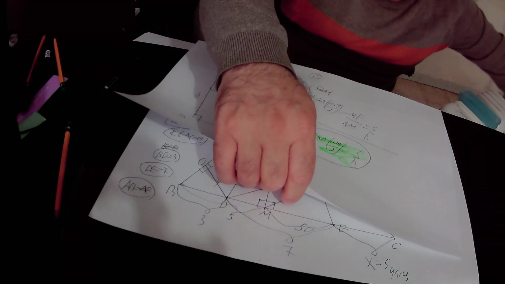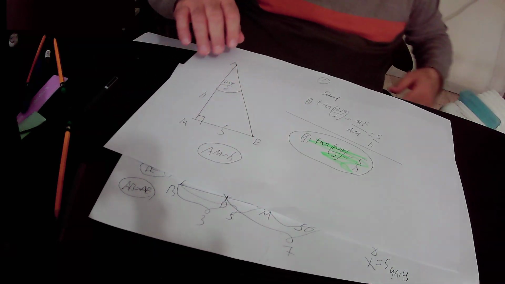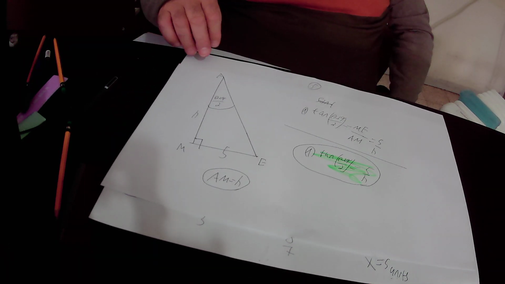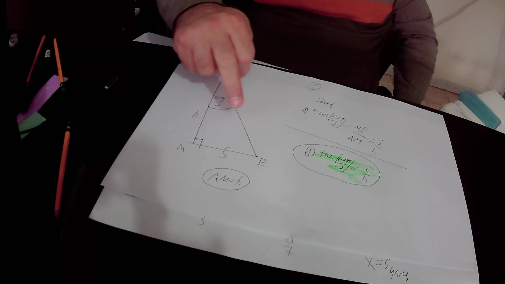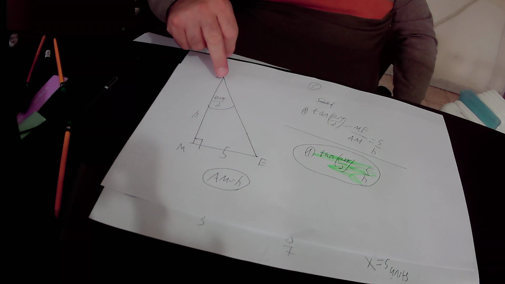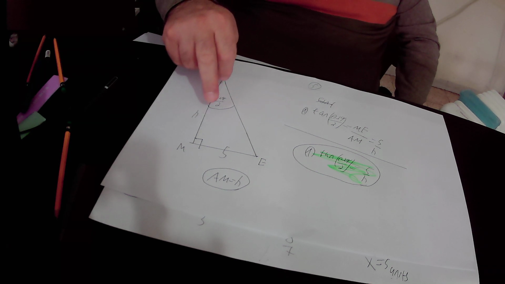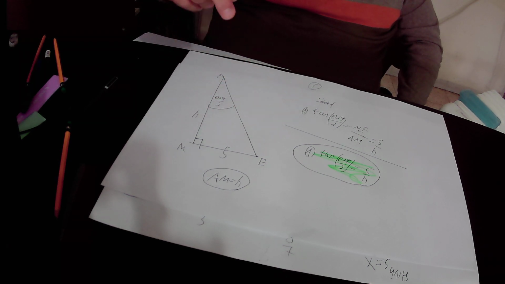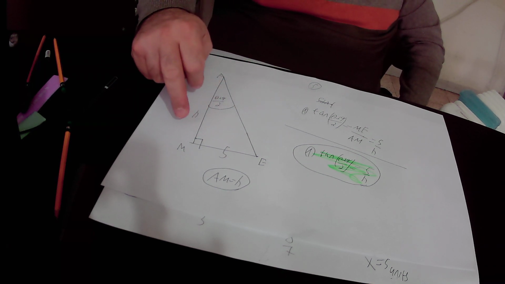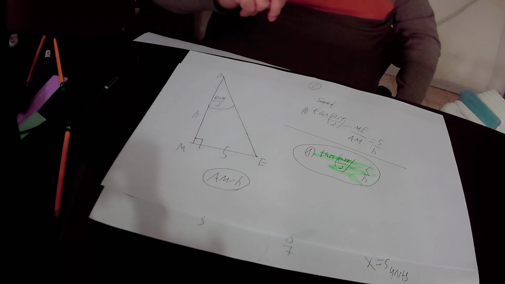Okay, then we focus on the right triangle AME. We just found out that angle MAE equals (theta plus alpha) over 2. We already found out that ME equals 5, and AM equals h according to our definition.